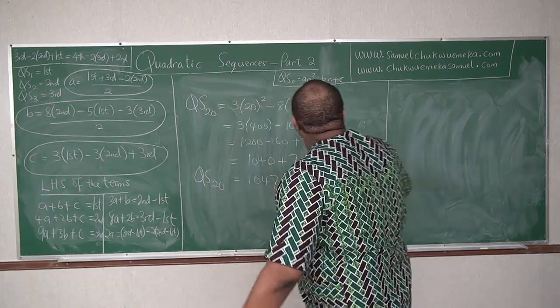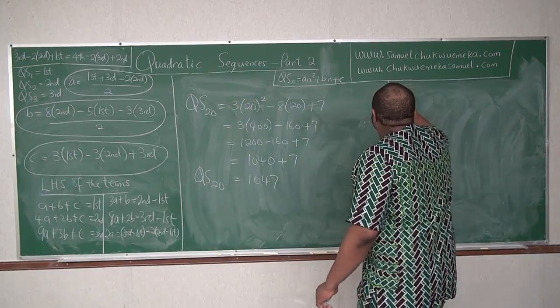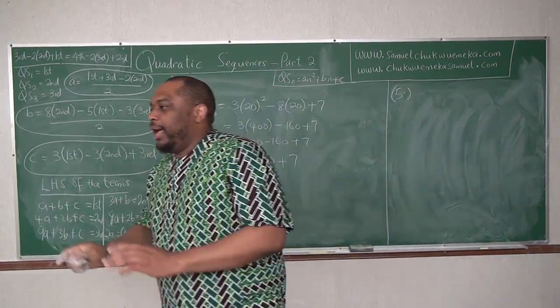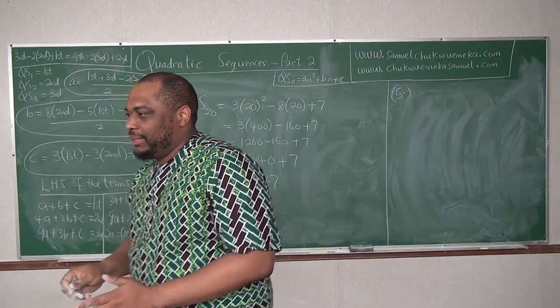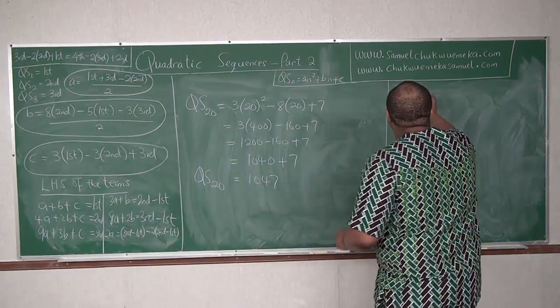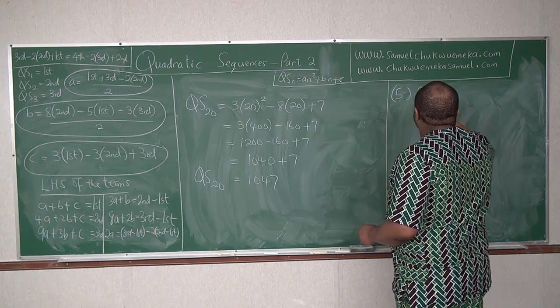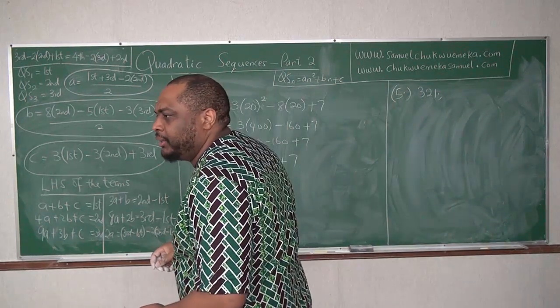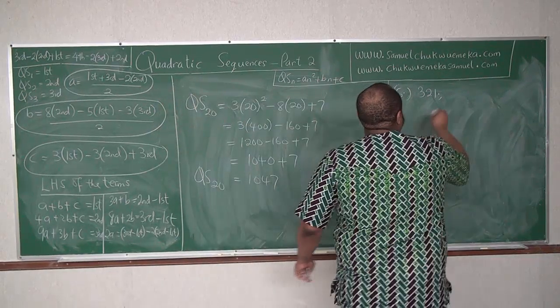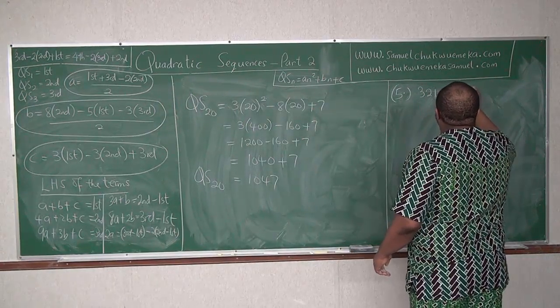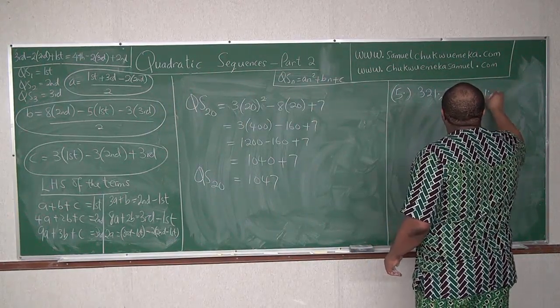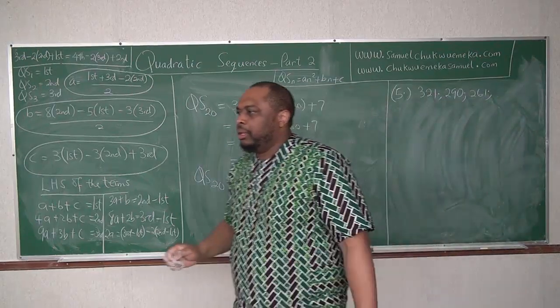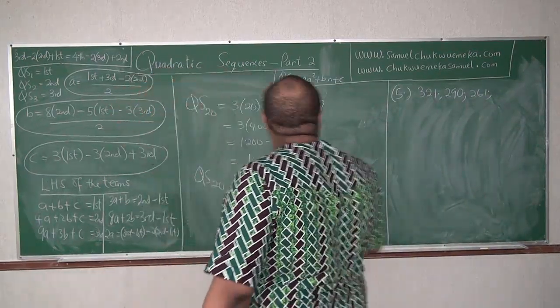Okay, question 5. Given the quadratic sequence, 321, 290, 261, 234.